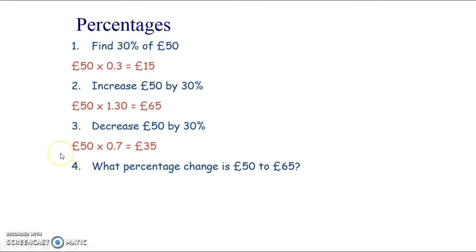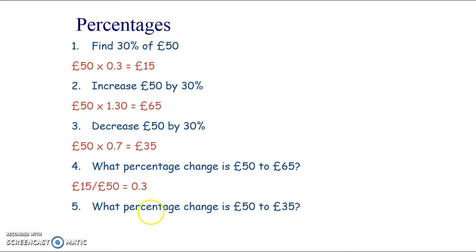Okay, and then lastly, looking at percentage changes. Now, the way that I do this is change over the original number. So this number going from £50 to £65 has changed by £15, and the original number is that £50. So 15 divided by £50 will give 0.3. That's in decimals. That as a percentage is actually 30%.